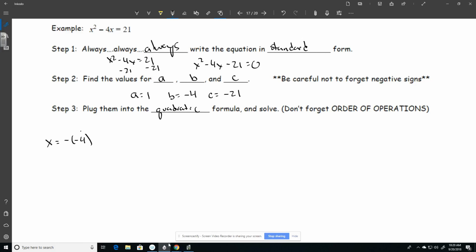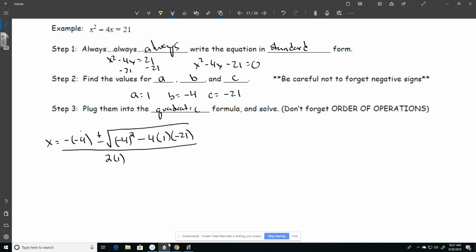And that's one we've got to be careful of. I take negative b, and b is negative 4, so I take the negative of negative 4, and then I have to add and subtract the square root of b squared, so negative 4 squared, minus 4 times a, which is 1, times c, which is negative 21. And all of that is being divided by 2 times a, which is 1.